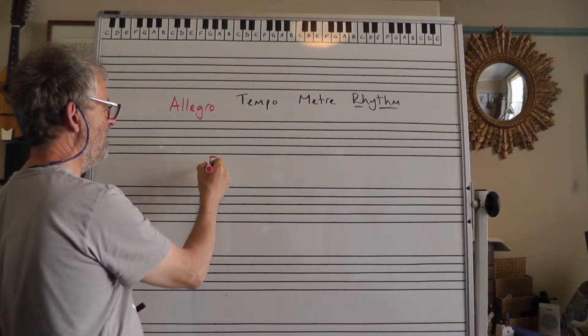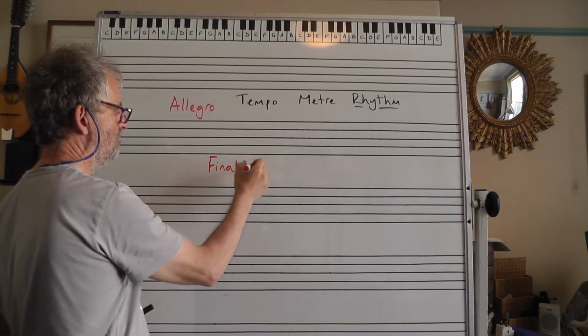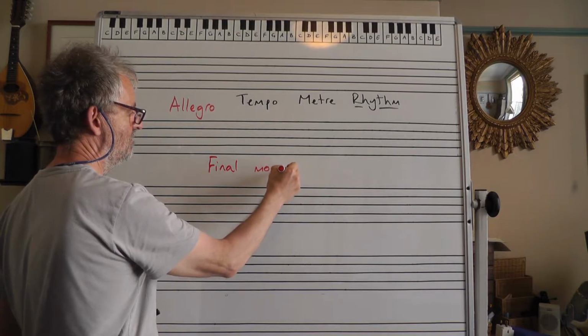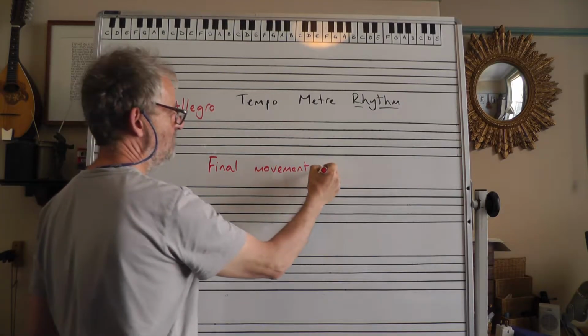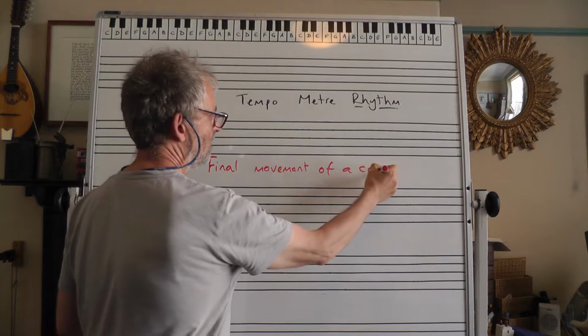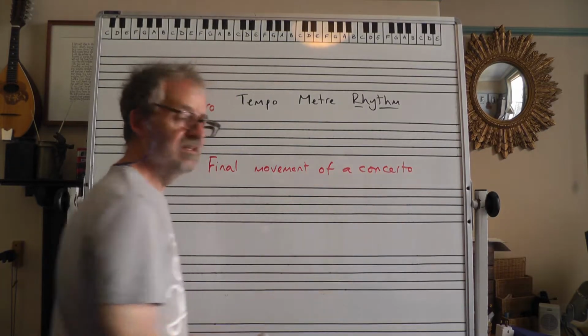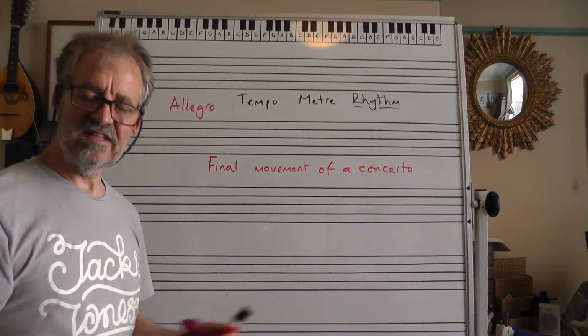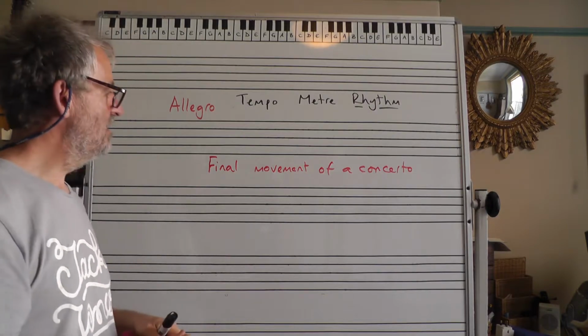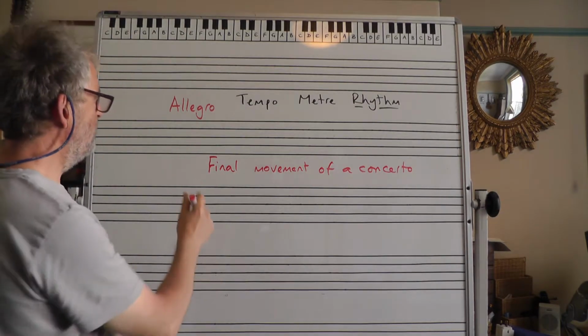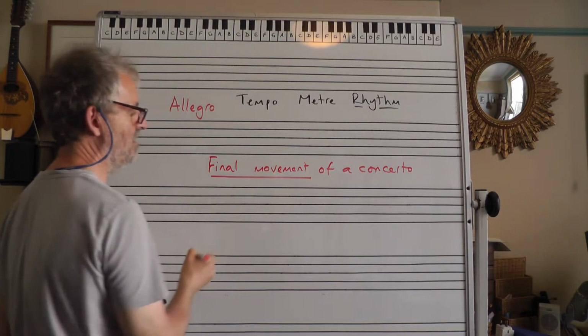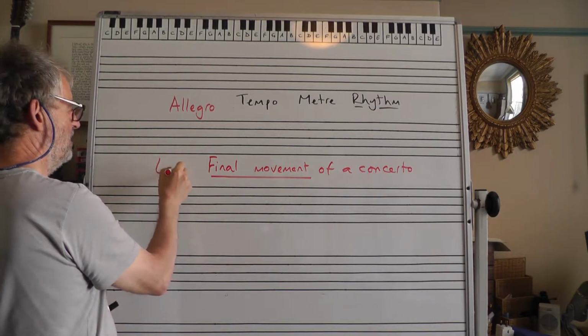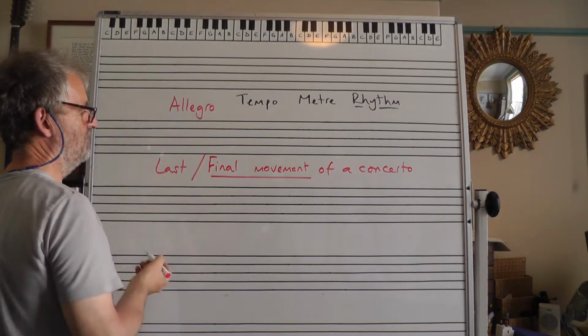Because it is the final movement of a concerto. And we want our final movements to have energy, lots of energy, get the audience clapping, get them enjoying themselves, showing off your instruments. So it's an appropriate tempo for the last or final movement.